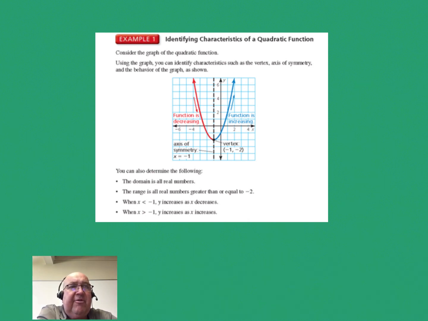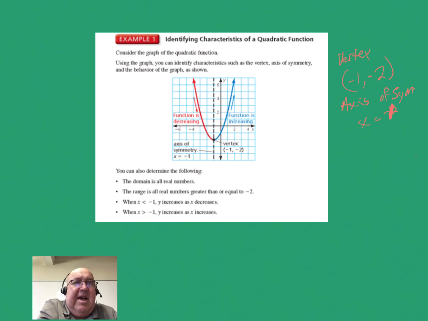What can we tell from this? We can tell that our vertex is at -1 and -2. So we know our lowest point is -2. We know that our axis of symmetry, which is the dotted line, is x equals -1, excuse me, -1.